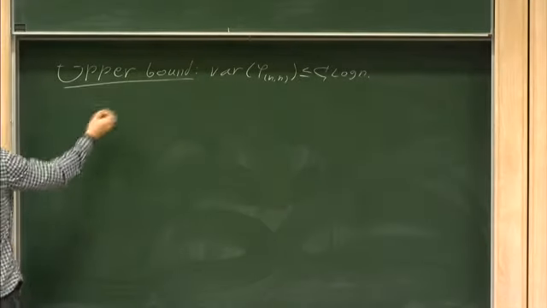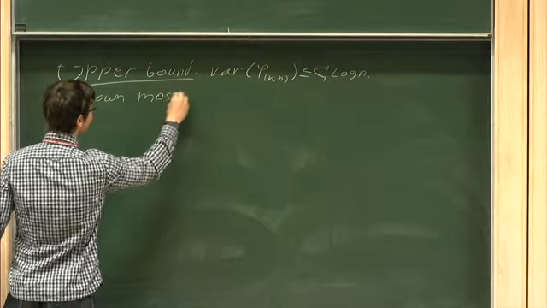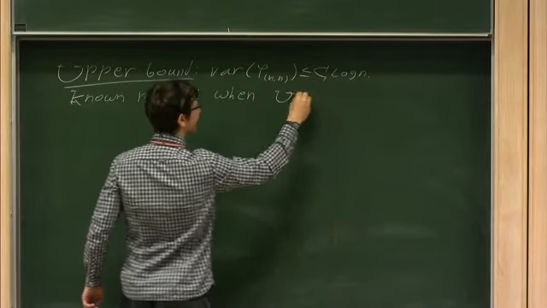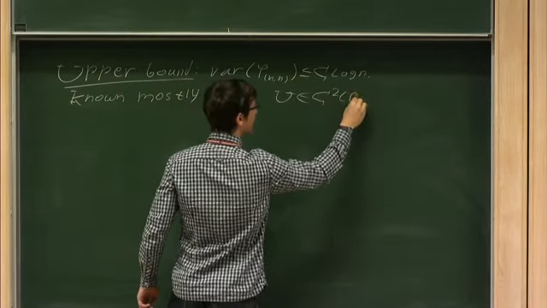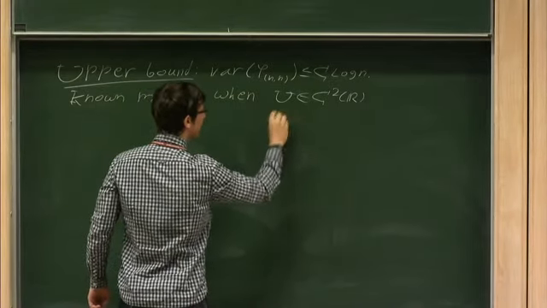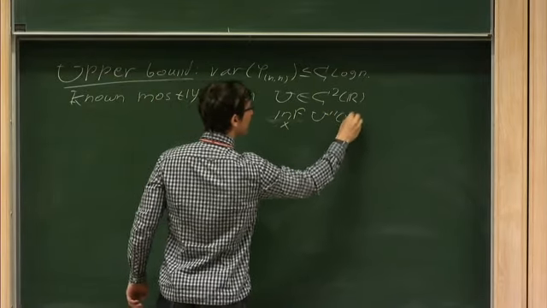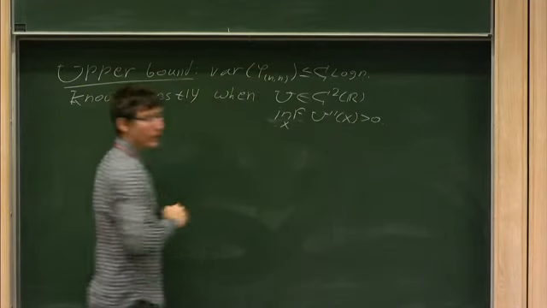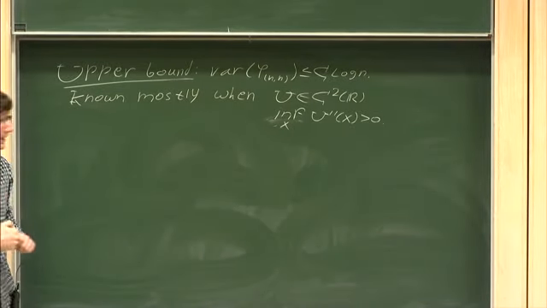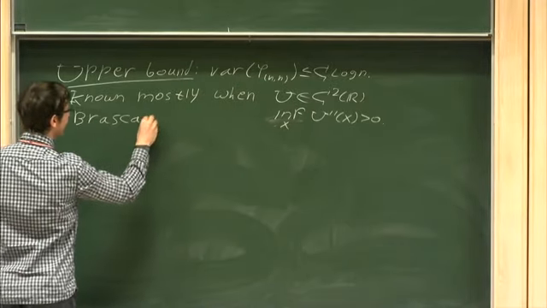This is known mostly when u is again twice continuously differentiable, and the infimum over all x of the second derivative of u is positive. So u has a uniformly positive second derivative, and then an upper bound of this type is known, by the so-called Brascamp-Lieb inequality.